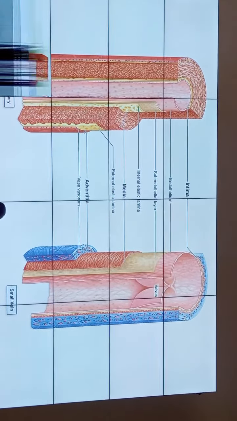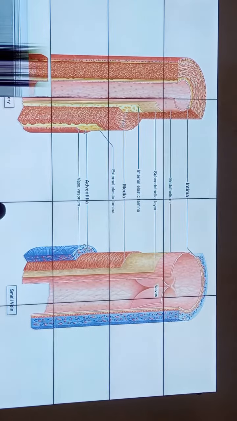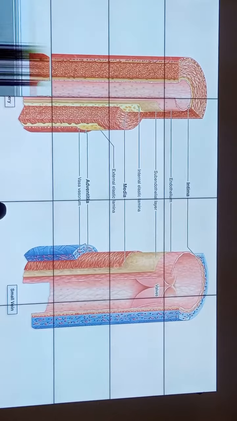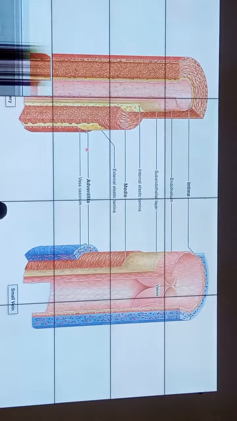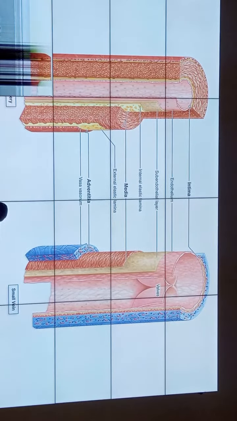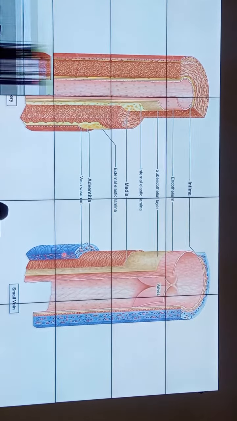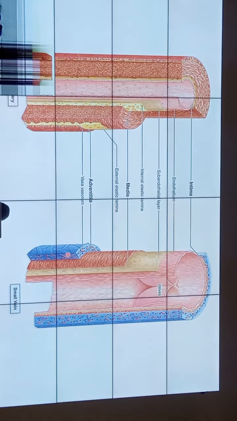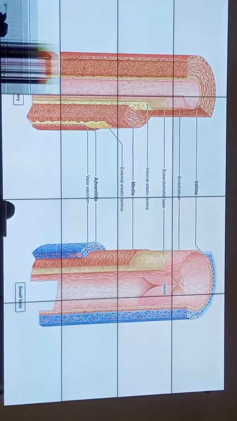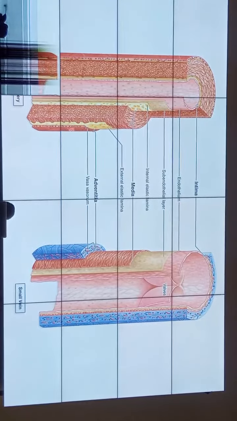It will only have smooth muscle cells. And when you compare the thickness, this one is thinner than what we see in arteries. The tunica adventitia is the one that has been indicated in blue there. And already you can see that there's a difference in thickness between the tunica adventitia of veins and that of arteries.